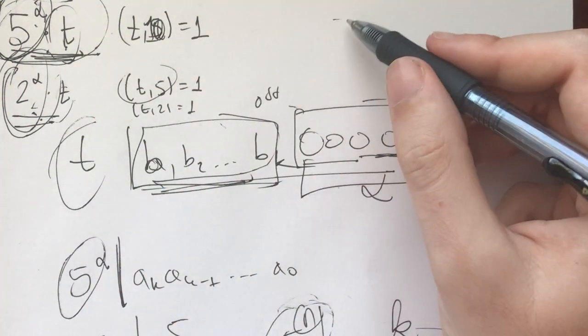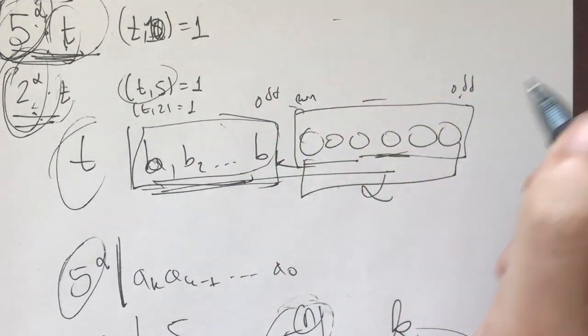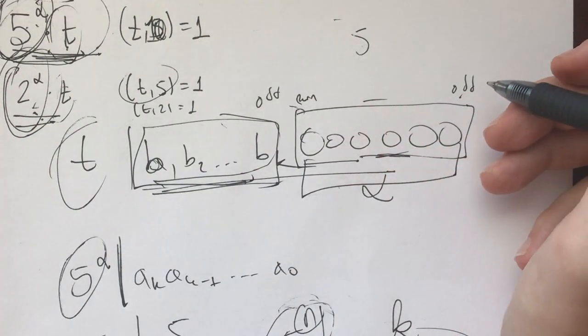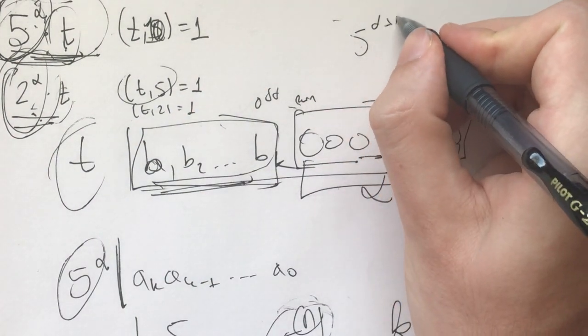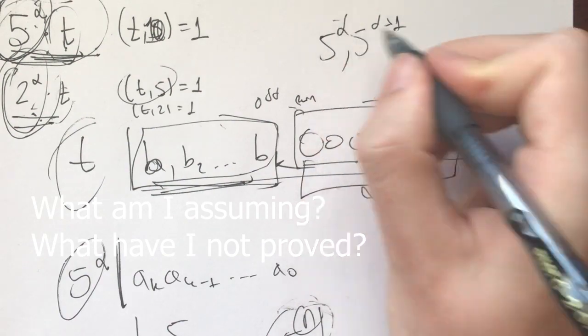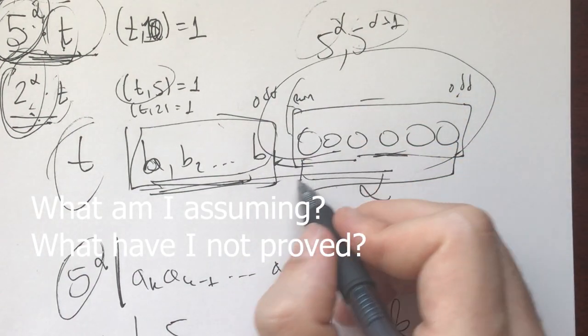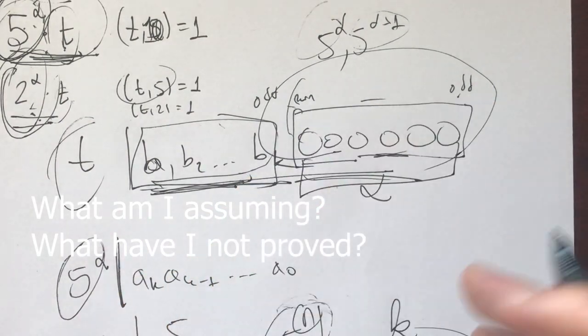Well, we start with a 5, so we start with an odd, and we need to end with an even. So if alpha is even here, we can have 2 to the alpha plus 1, or 5 to the alpha, one of the two we choose to make this whole thing divisible by 5 to the alpha, and then we append this t number, and we are done.